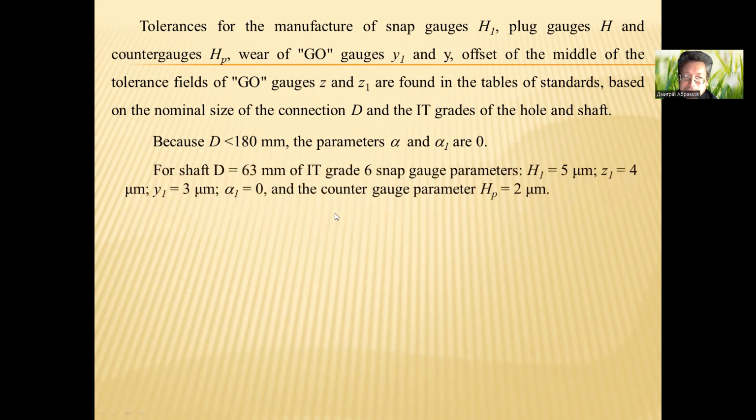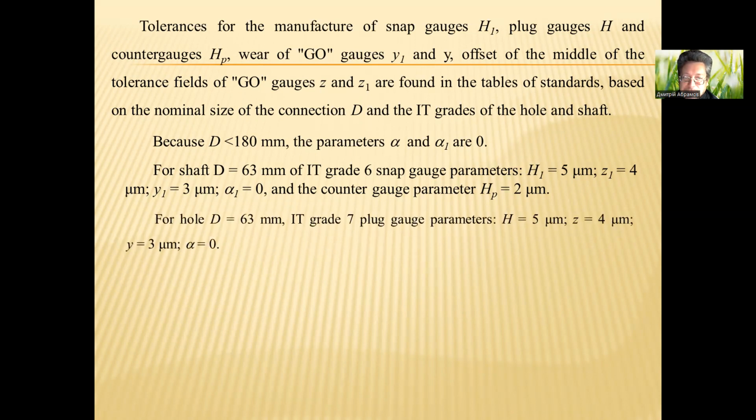For the shaft, big D is equal to 63 millimeters, IT grade 6, snap gauge parameters: H suffix 1 is equal to 5 micrometers, Z suffix 1 is equal to 4 micrometers, Y suffix 1 is equal to 3 micrometers, alpha suffix 1 is equal to 0, and the counter gauge parameter H suffix P is equal to 2 micrometers.